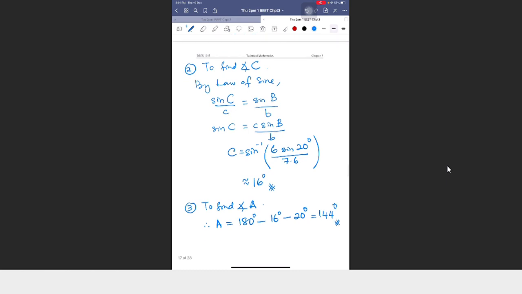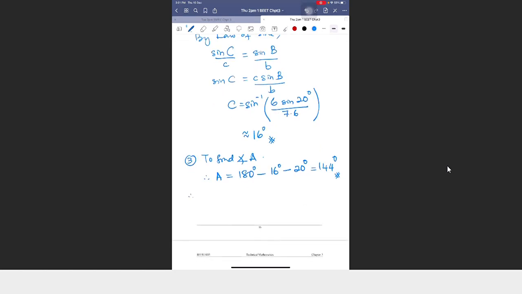Then you can conclude, therefore, the solution is: your small b just now, which is 7.6, and angle C, which is 16 degrees, and angle A, which is 144 degrees. So this is the case 3 example, where you are given SAS type: side, angle, side.